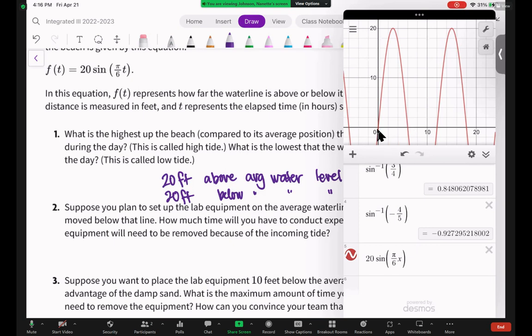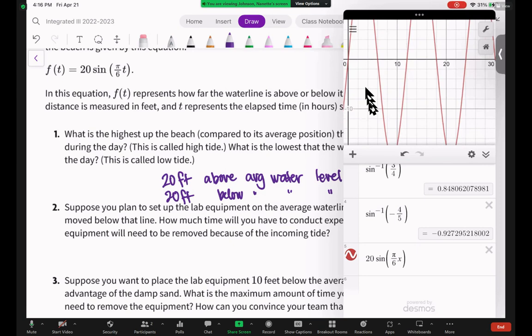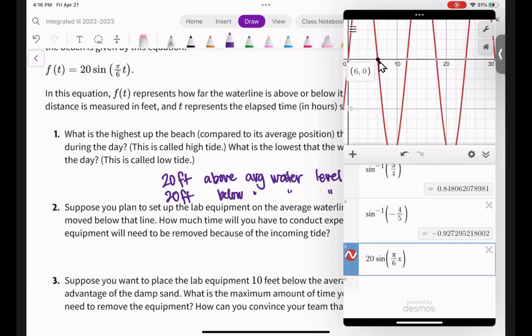Don't worry. So here it is at midnight, and there's your high tide at 20, and then it goes down. Boom! You put the equipment in, right? You set up your equipment, and then it's a low tide, and then the water starts creeping back up. So how much time do you have from here to here? Well, here it's at 6.